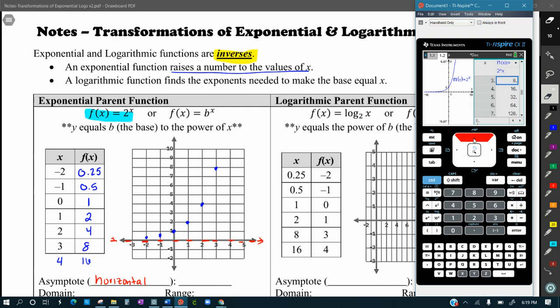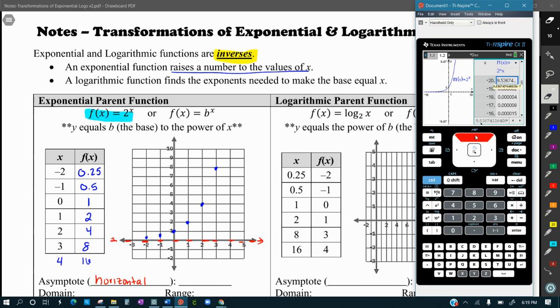But if I move backwards on the table, my x's are going to get smaller, negative 1, negative 2, and the y's are also getting increasingly small. However, you'll never hit 0. I just get smaller and smaller and smaller. So now I have 2 decimal places as zeros, then 3 decimals of 0, 4, 5.